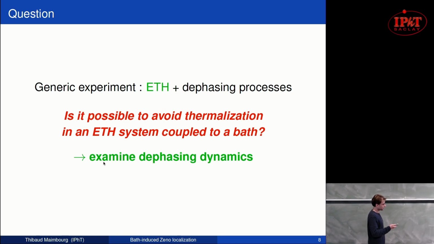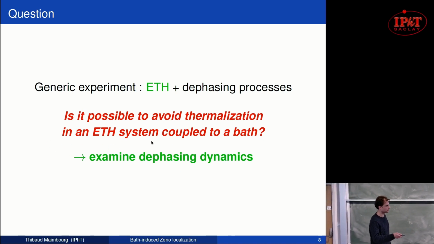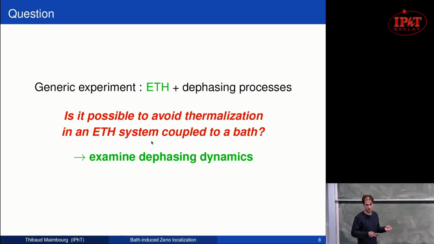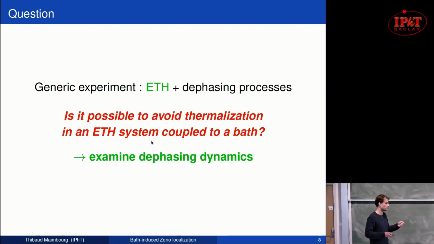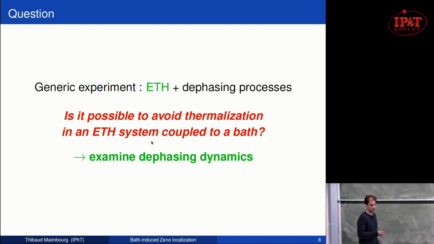So the question we ask is, can we avoid thermalization in an ETH system that is coupled to a bath? The only missing part here is that if you want to not thermalize, you have to examine what happens in the dynamics when you couple it to the bath, because without the bath, it's already thermalizing by itself.